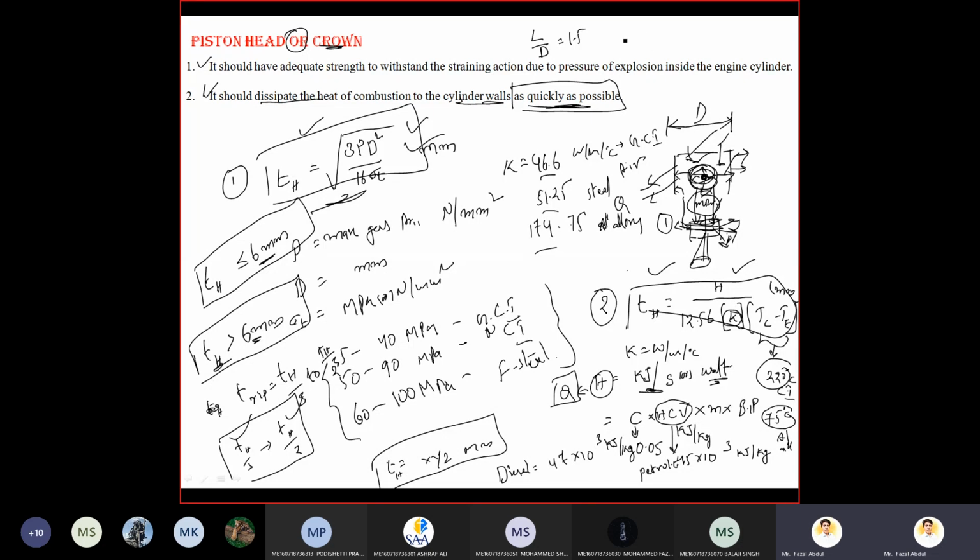The piston cup diameter is equal to 0.7 into D. We take this when the engine's L by D ratio, where L is the stroke length and D is the bore diameter, is equal to 1.5, then a piston cup is required. The diameter is 0.7 into D, where D is the bore diameter. So this entire thing is referred to as the design of piston crown or piston head.